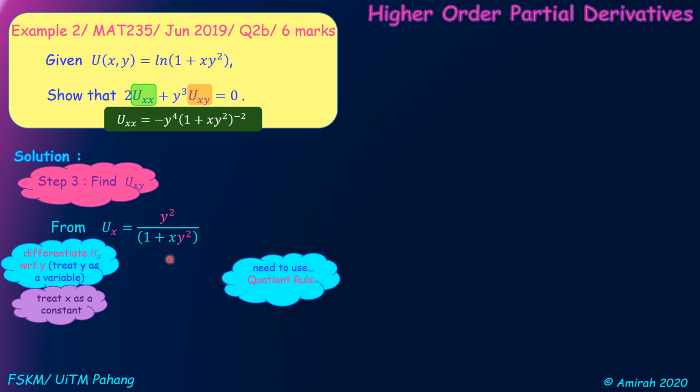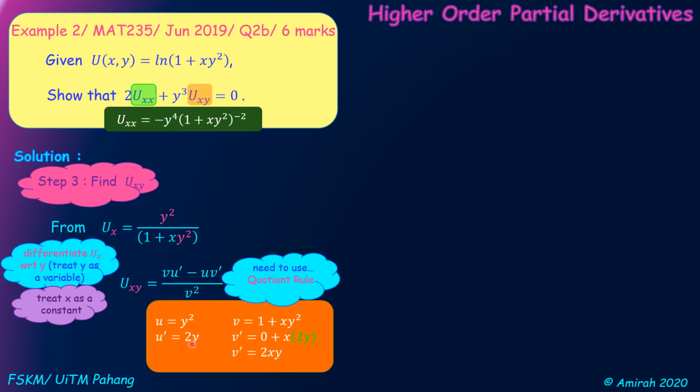From ux here, we have a division function. In the numerator, we have variable y, and we also have variable y in the denominator. That means we need to differentiate using the quotient rule. When we differentiate using the quotient rule, we use the formula vu prime minus uv prime over v squared.